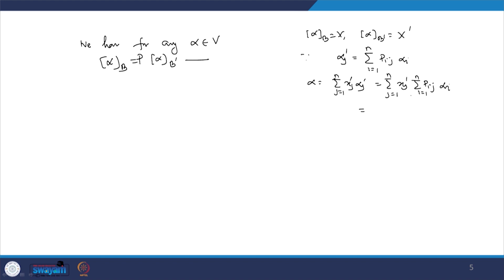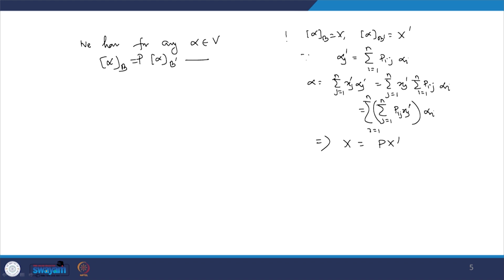Exchanging the order of the summation, this is nothing but p_ij times x_j prime, j equal to 1 to n, times alpha_i, i equal to 1 to n. So, this implies that capital X is equal to P into X prime.